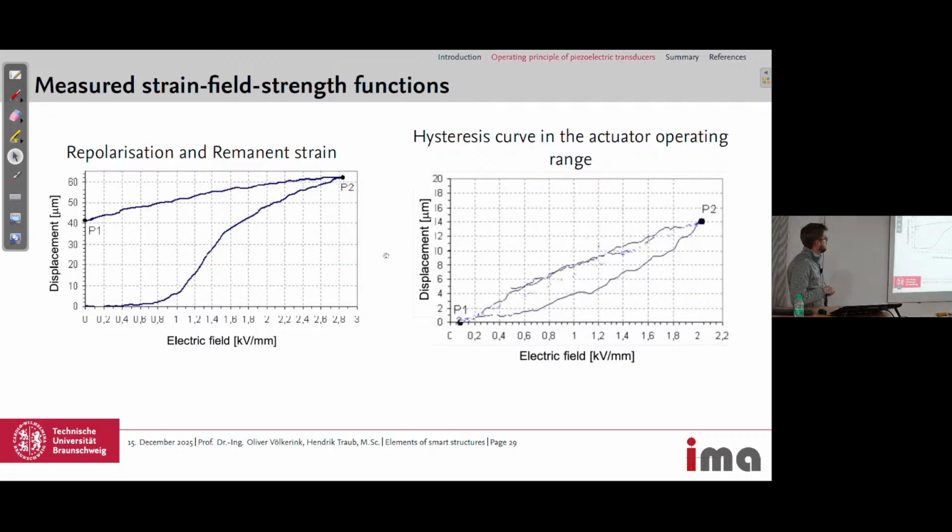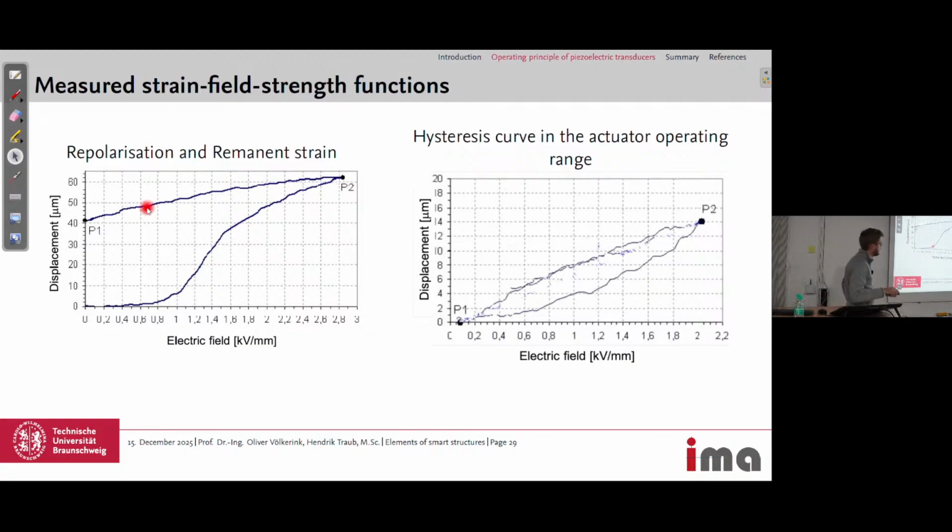These are some real measured butterfly curves and hysteresis to have some numbers. So here we have the electric field in kilovolts per millimeter and the displacement in micrometers. And we are going up here to 2.8 kilovolts per millimeter and an elongation of around 60 micrometers. And then if we remove the field again, we still have 40 micrometers. So this would be the remanent displacement.